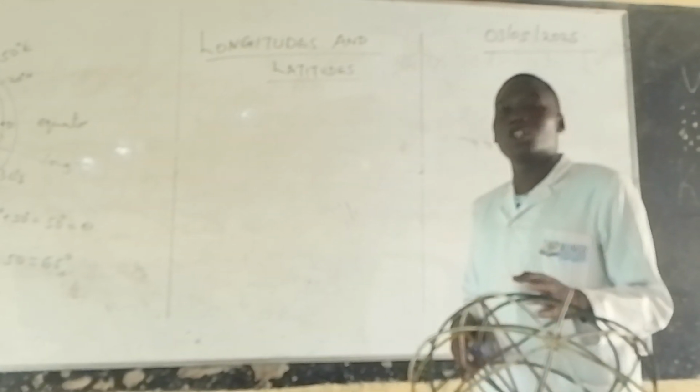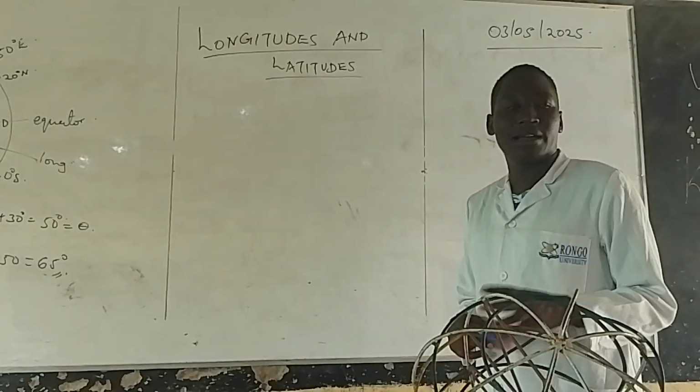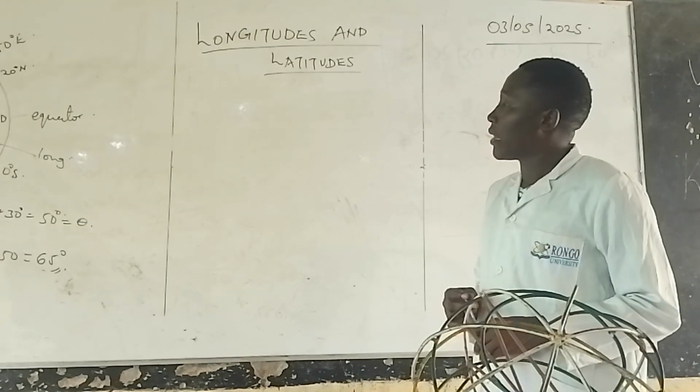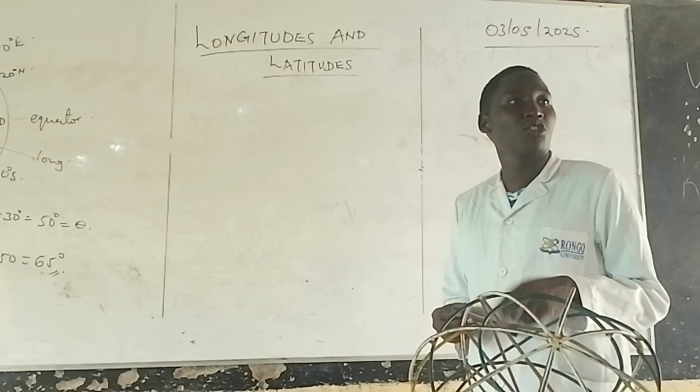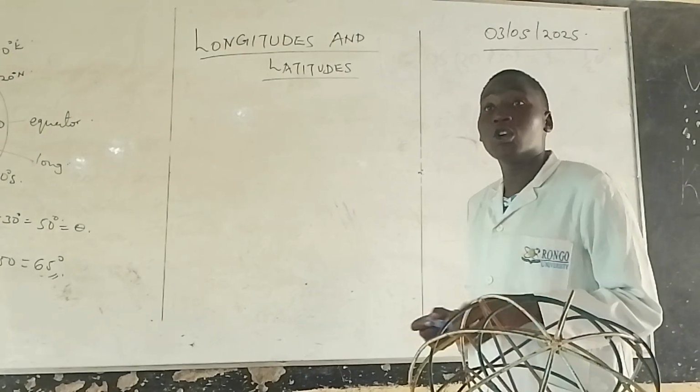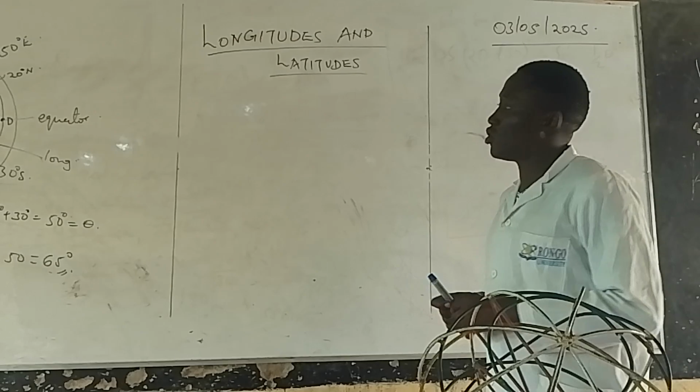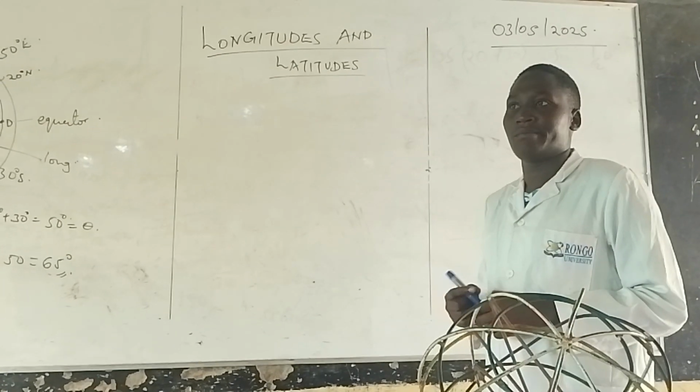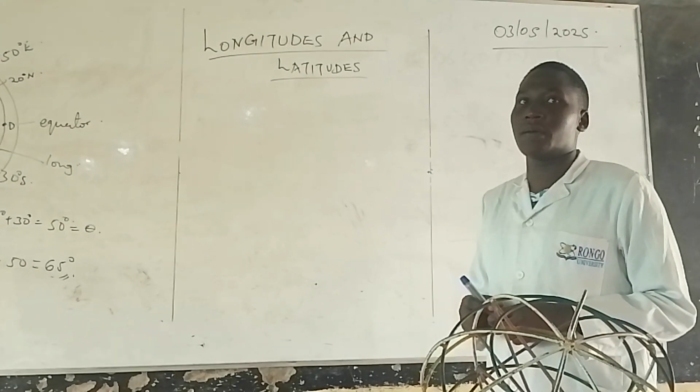And we said that the longitudes are all great circles. Then all latitudes are small circles, with the exception of what? The equator.